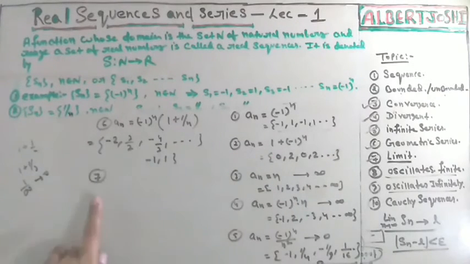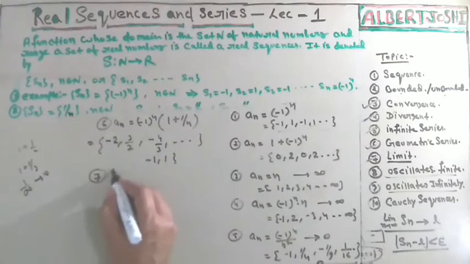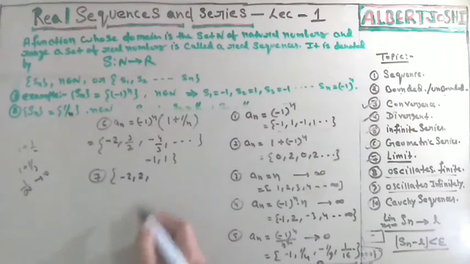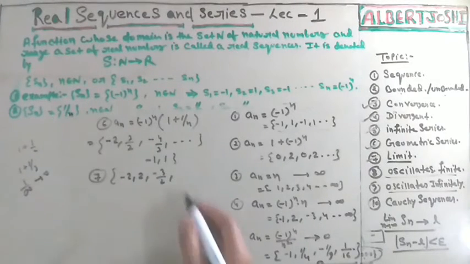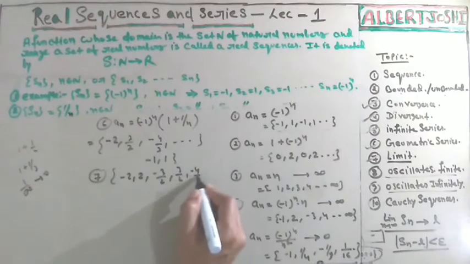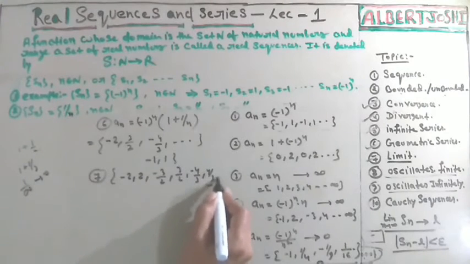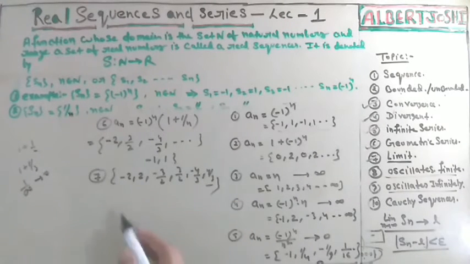Now suppose we have another example, such a type of example: minus 2, 2, then minus 3 upon 2, 3 upon 2, minus 4 upon 3, 4 upon 3, and so on. In this condition, what will be the limit?